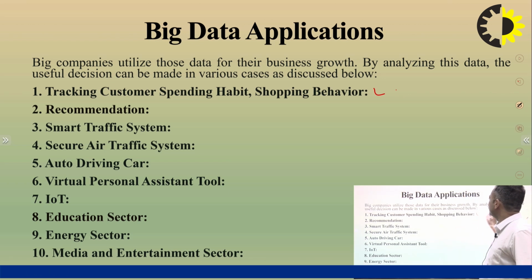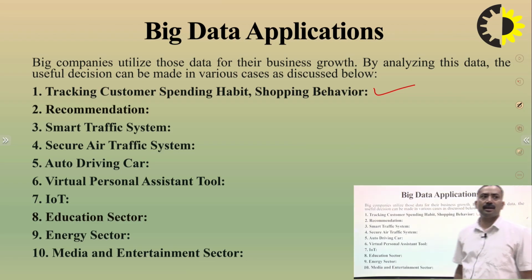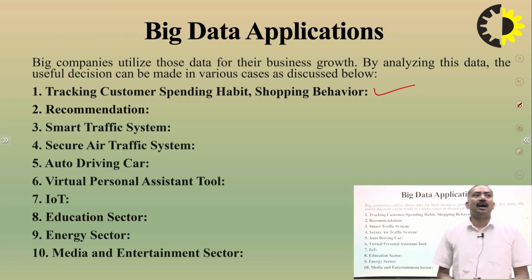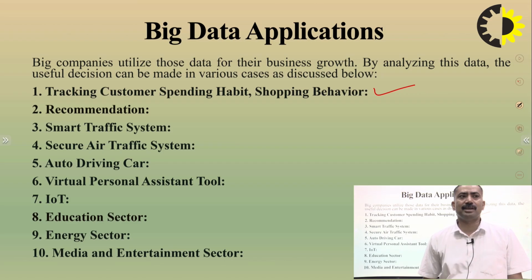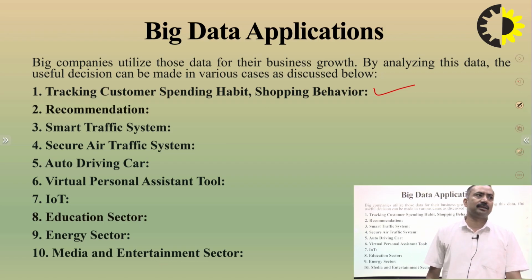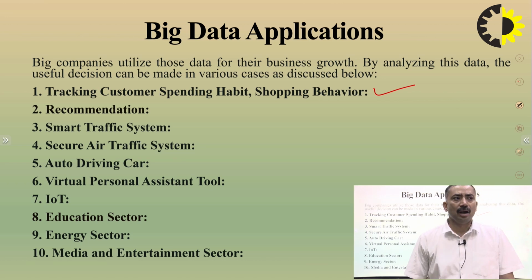The first one is tracking customer spending habits and shopping behavior. In big retail stores like Amazon, Walmart, Facebook, Flipkart, and Big Bazaar, the management team has to take data on customers' spending habits, shopping behavior, most liked products, and which products are searched and sold most.